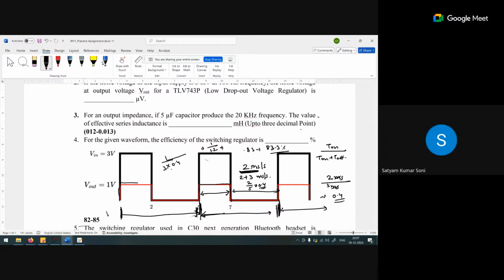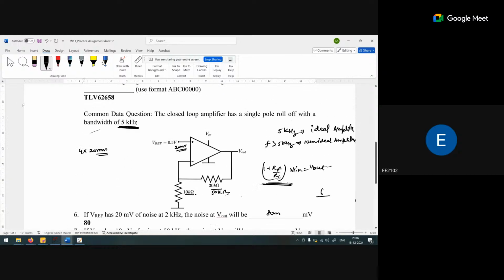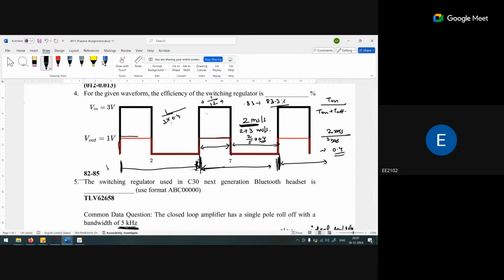Yes, sir. And sir, here we take the first cycle of the waveform also? You can take any cycle, from 0 to 2. Because you may be confused that no value is given before this point, I forgot to add this value.